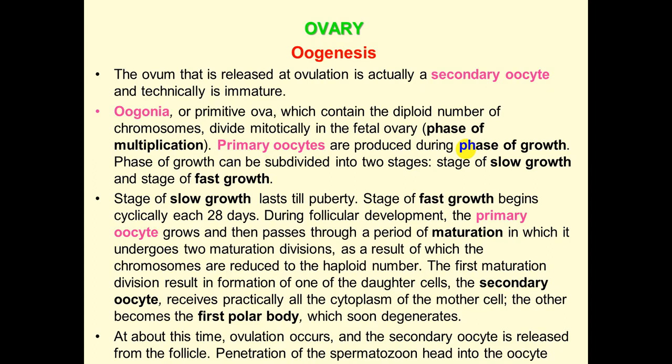Over 13 years of postnatal life, the hypophysis activates and starts to produce the gonadotropic hormone, follicle stimulating hormone.